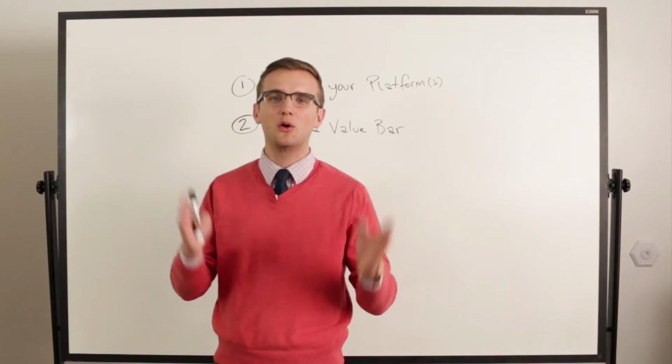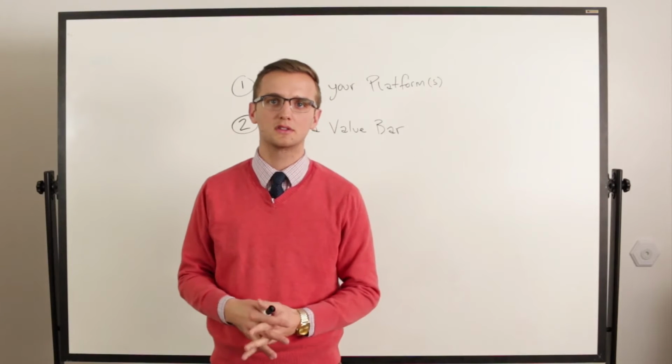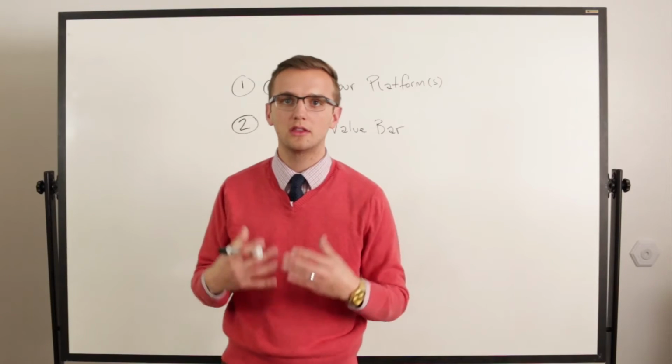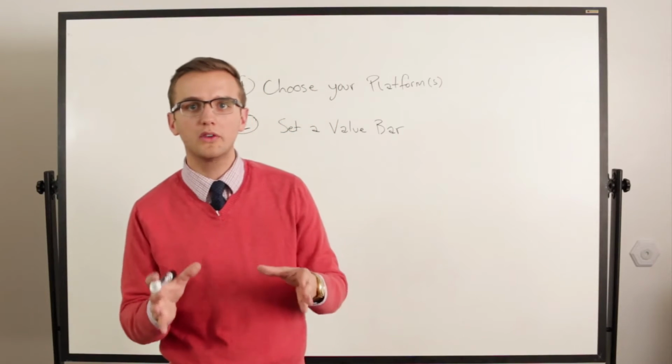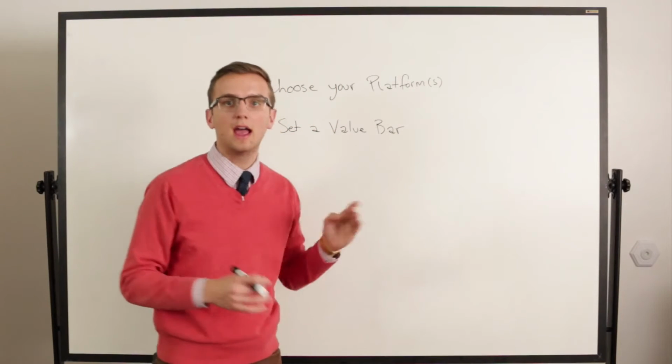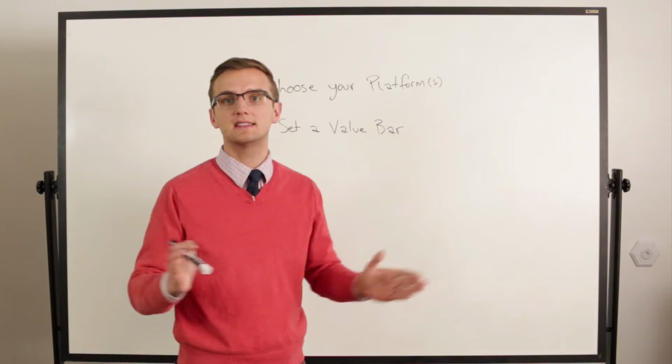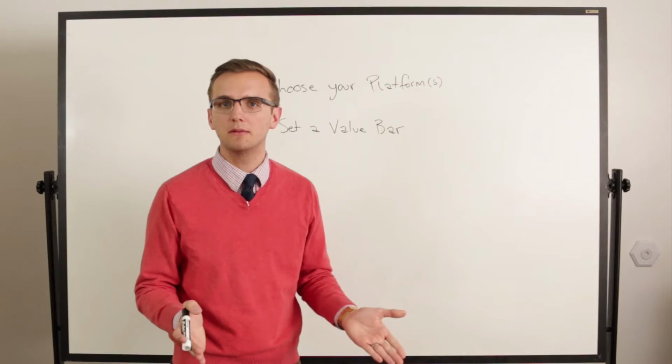And if that was the only post that someone saw of yours, they may decide not to trust you with their business, right? So what we've got to do is we've got to set a value bar. Everything I post will have to be at least this valuable, or whatever it may be, right?